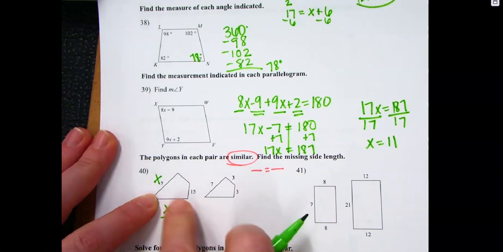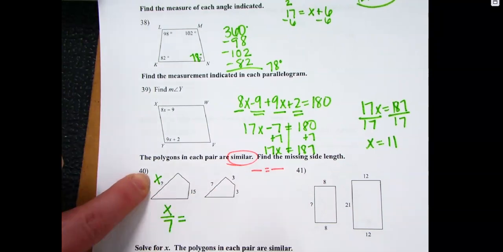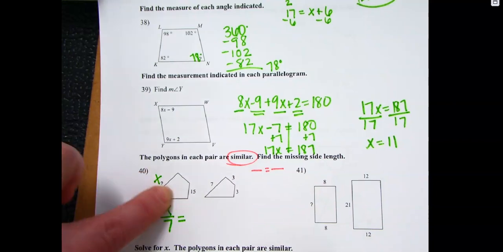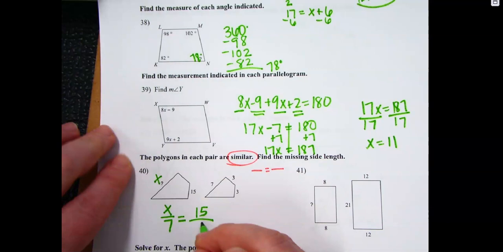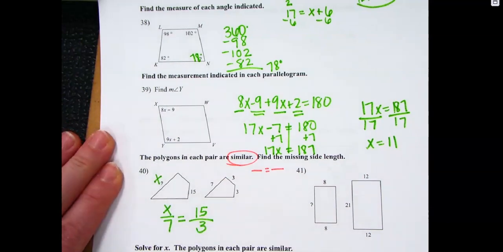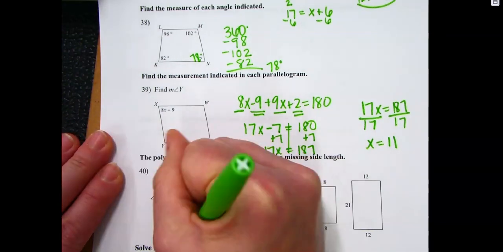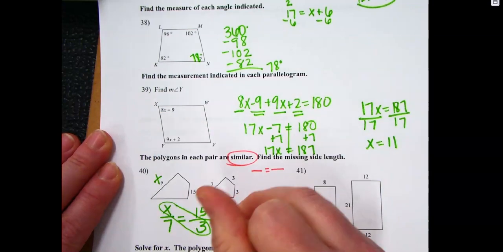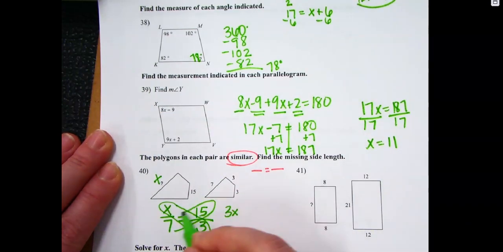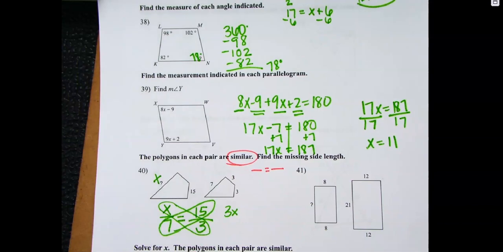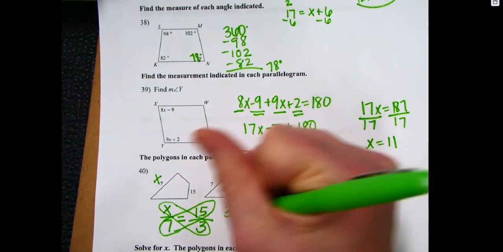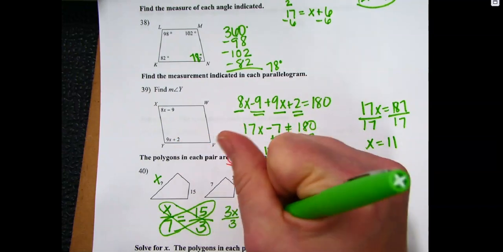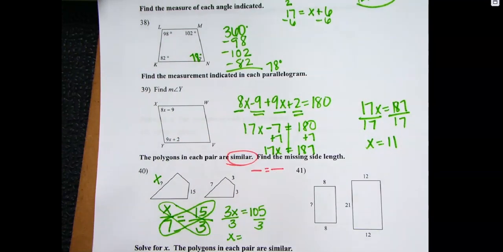Since I started with the larger figure and have x on top, 15 needs to be on top, and it corresponds to 3. Then you just cross multiply. X times 3 is 3x. 15 times 7 is 105. Then you divide. So, x is 35.